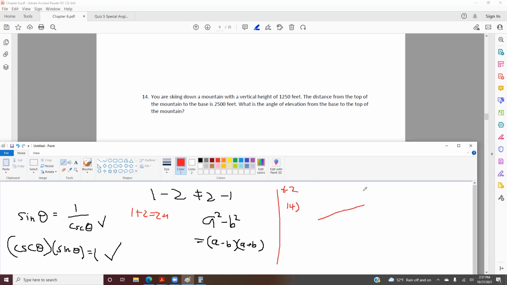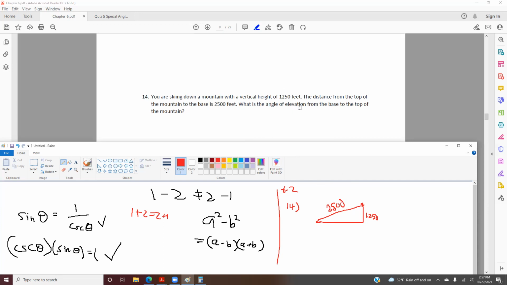So this fellow is going down this mountain with a vertical height of 1250. So this is called a vertical height, 1250. The distance from the top of the mountain to the base is 2,500 feet.